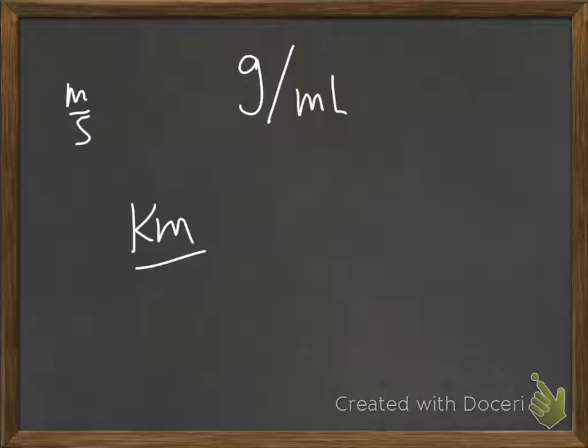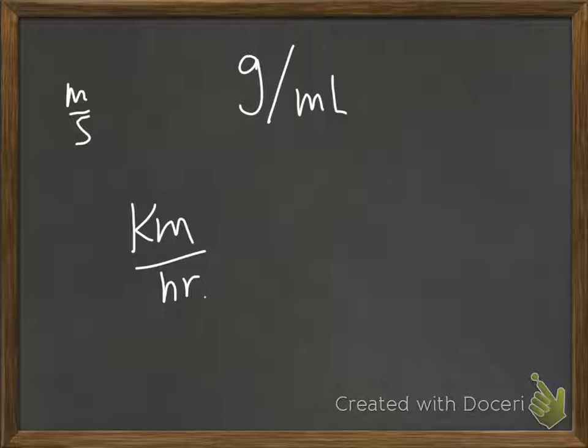So, what is a derived unit? Meters per second. Grams per milliliter. Kilometers per hour. Those are derived units. Okay?